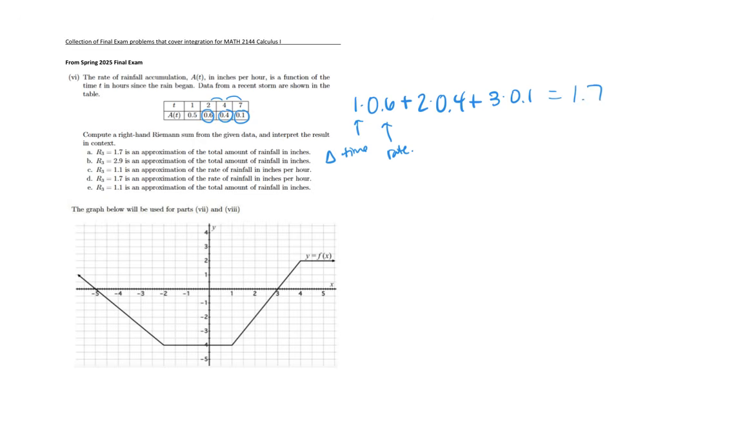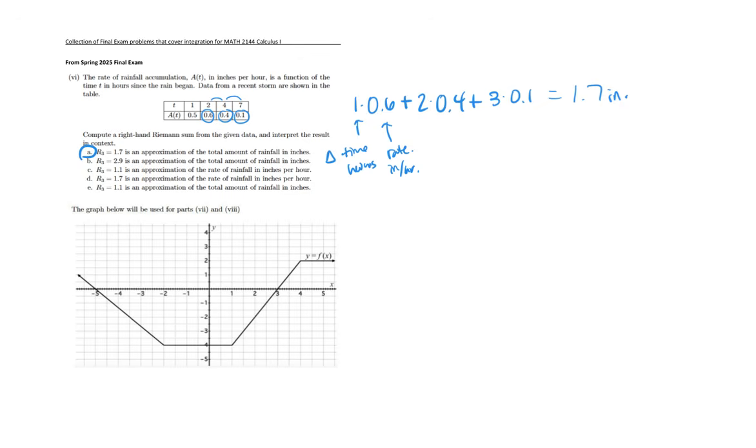And so what are the units of that? Well, if I think about what I've done, I've multiplied time times rate, and the rate is inches per hour. So this is inches. So this is an approximation of the total amount of rainfall in inches. So the correct answer is A.